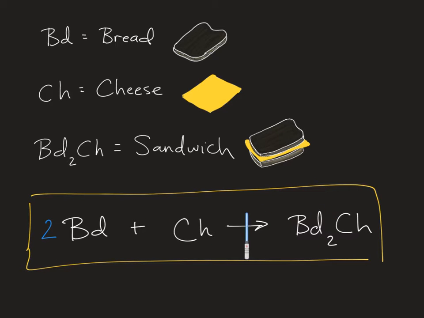This is our so-called recipe, or our chemical reaction, right? So we need 2 slices of bread for every 1 slice of cheese to make 1 sandwich. Okay, so BD is going to stand for bread, CH for cheese, BD2CH for sandwich. Just keep that in mind.